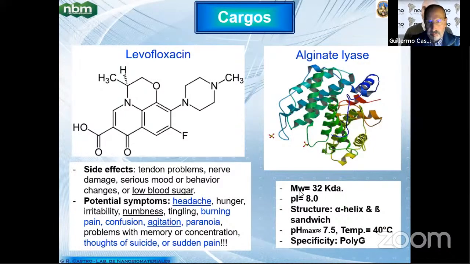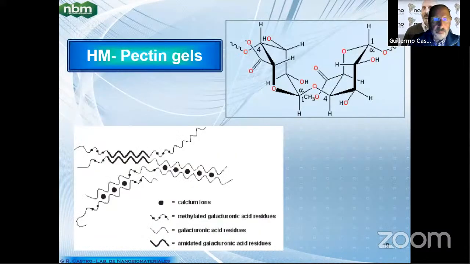This molecule is about 32 kilodaltons, isoelectric point 0.8, and contains alpha helix and beta sheet. pH 7.5 is the maximum activity and 40 is the maximal temperature of activity, which is good because our temperature is about 37, a little bit lower. And the specificity is polyhyaluronic acid. So we can just produce hybrid gels with pectin.